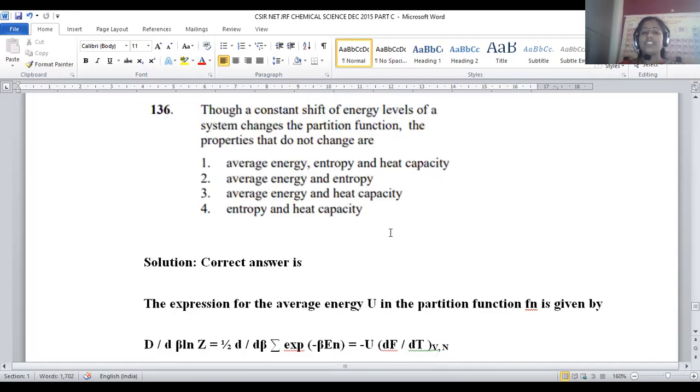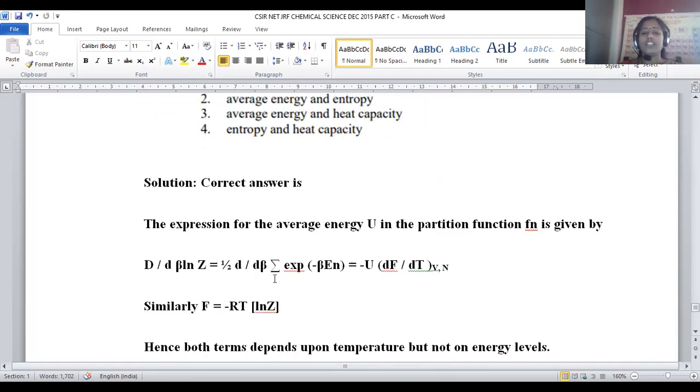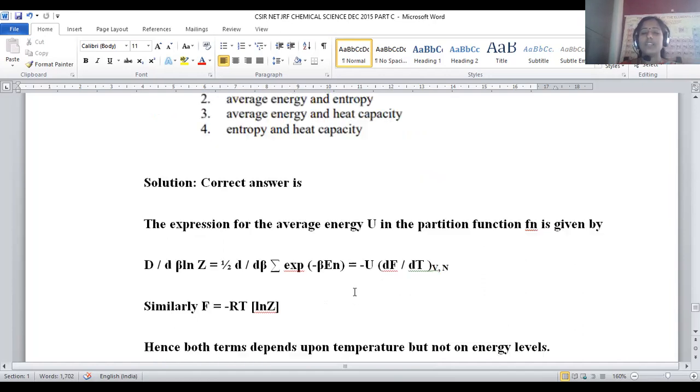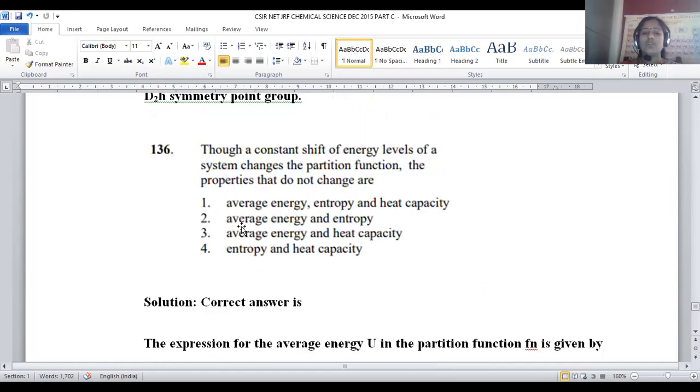As temperature changes, internal energy and entropy will change, because there is a correlation between internal energy and entropy with the temperature. So average energy and entropy are provided in option number 2. For question number 136, option number 2 is the correct answer.